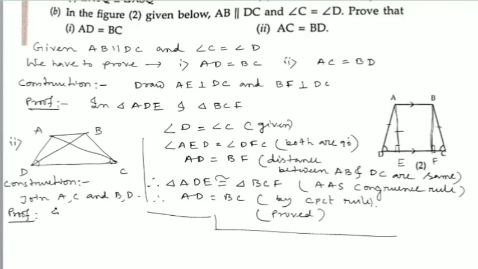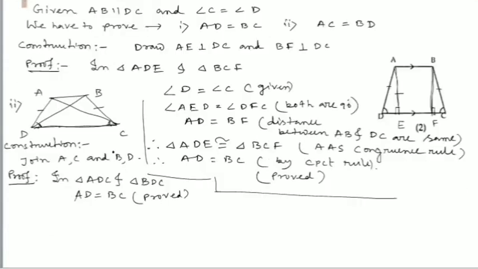Okay, now proof. In triangle ADC and triangle BDC, AD is equal to BC, already proved. Okay, and angle ACD is equal to angle BDC from the trapezium ABCD. This is given. Okay, and DC is equal to DC.